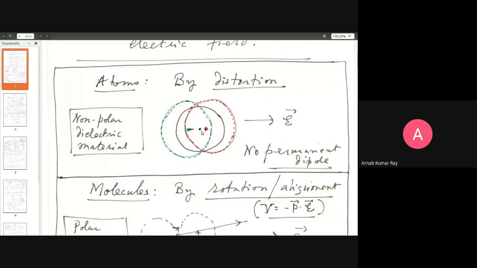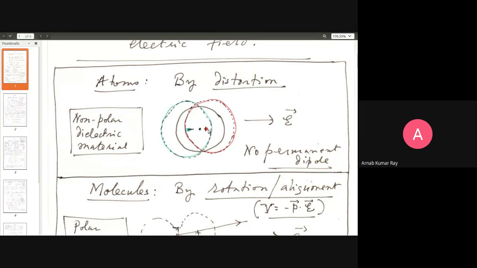Some words have been written all around. Let us see. We are looking at an atom that has a positively charged center and a negatively charged electron cloud around it. If the electric field had not come from the left and gone on to the right, then this separation of positive and negative charges would not have taken place. I hope we are clear on that point.